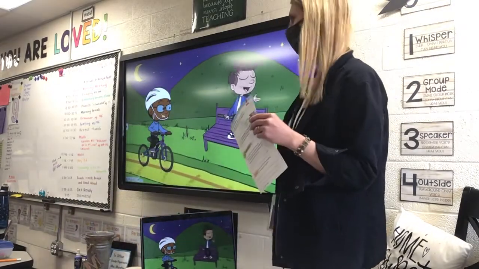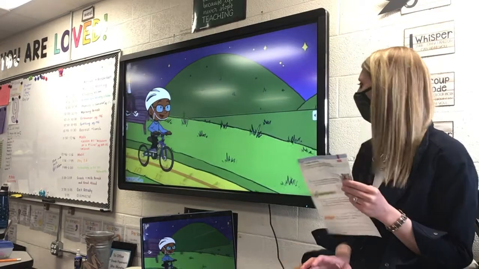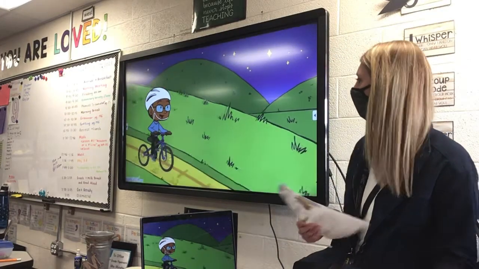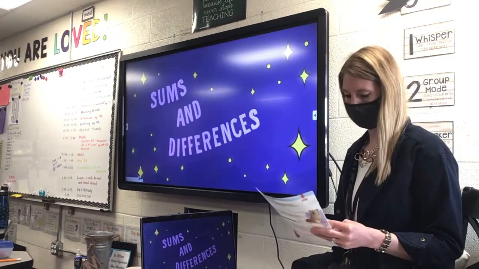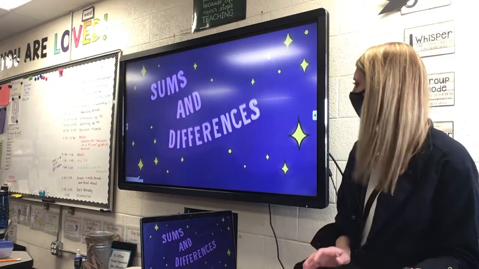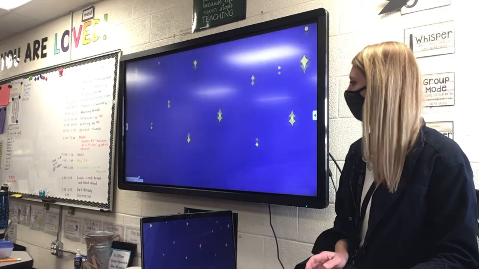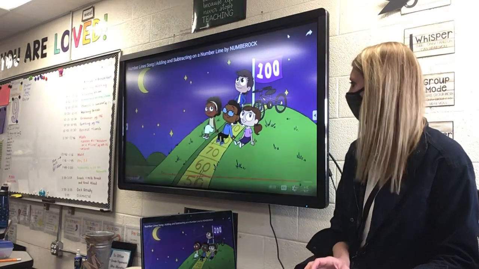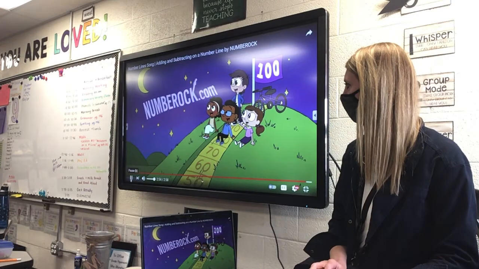There are many instances when numbers are shown as distances represented on a number line, helping us find sums and differences. Whoa, whoa, oh, oh. Whoa, whoa, oh, oh. Whoa, whoa, oh, oh. Numberrock.com.